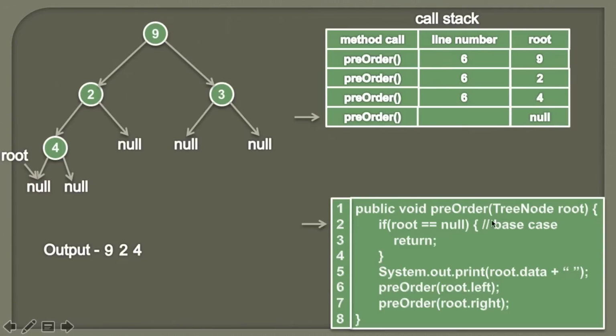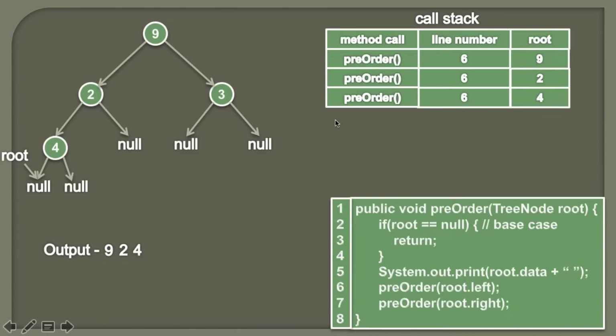This base case will help us in exiting the recursion, and as we know that we are left with no more nodes in the left subtree to traverse, therefore we'll simply return from this method. So when we return, this method gets executed, so it gets removed from the call stack.